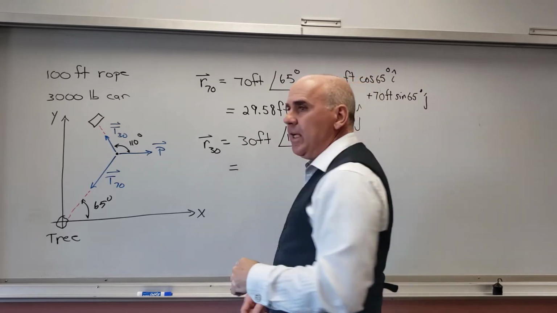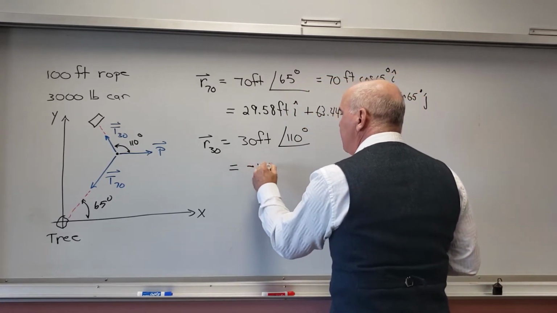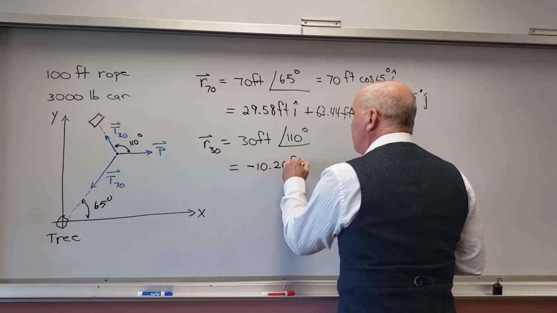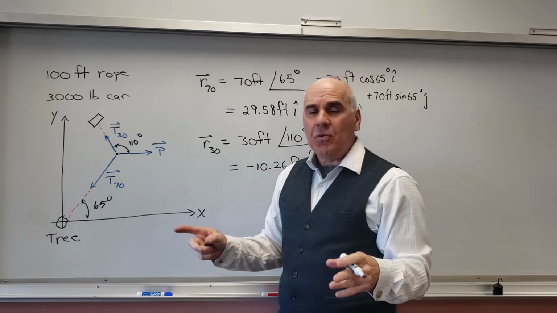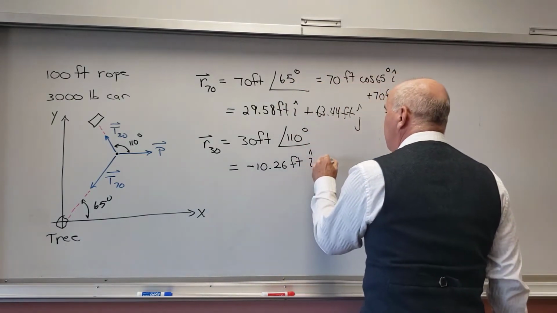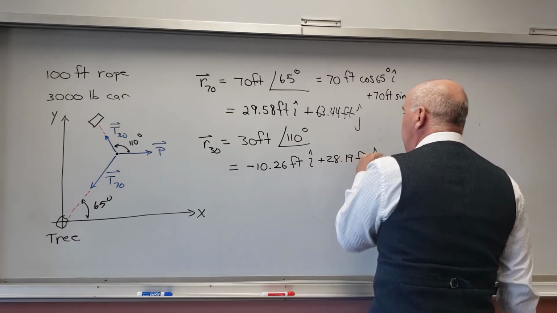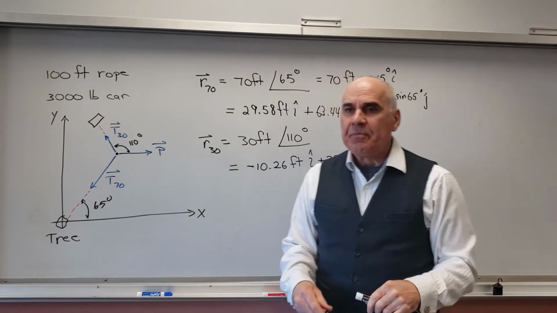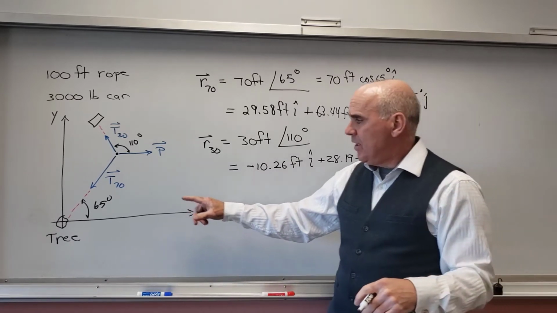And if I calculate all of that out, I get minus 10.26 feet in the i hat direction, so it's going left like it should, and then 28.19 feet in the j hat direction.